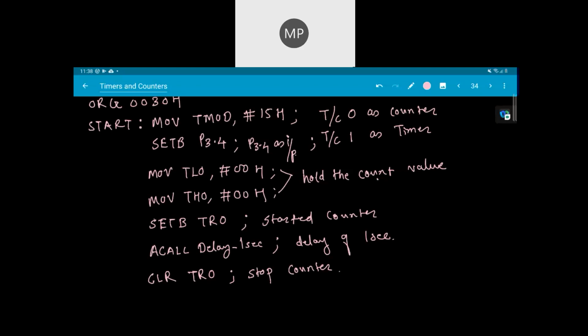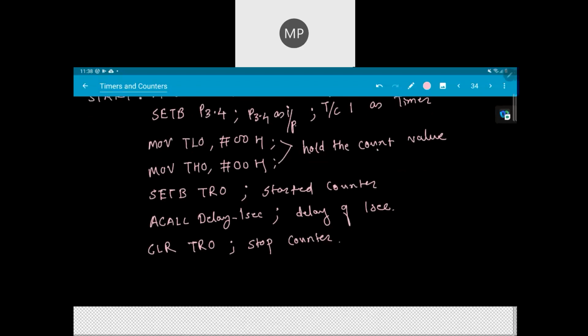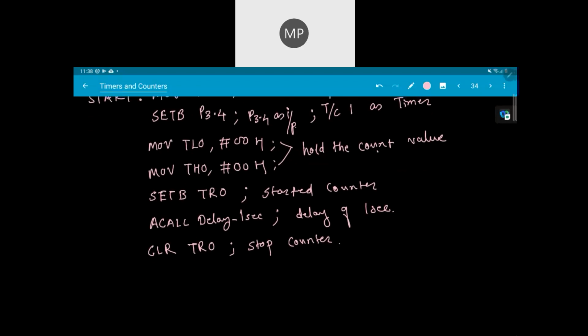Then we are starting the timer. We are calling a 1 second delay and then we are stopping the timer. So this is the simple code we can write. And once this is done, the count values will be available in TL0 and TH0.